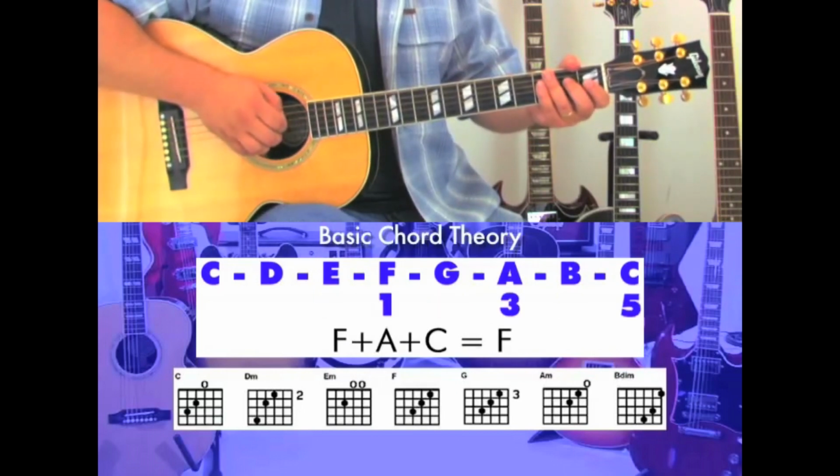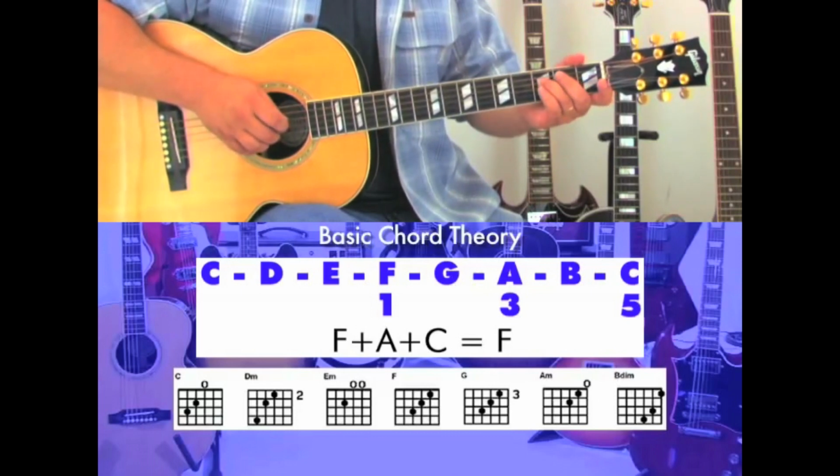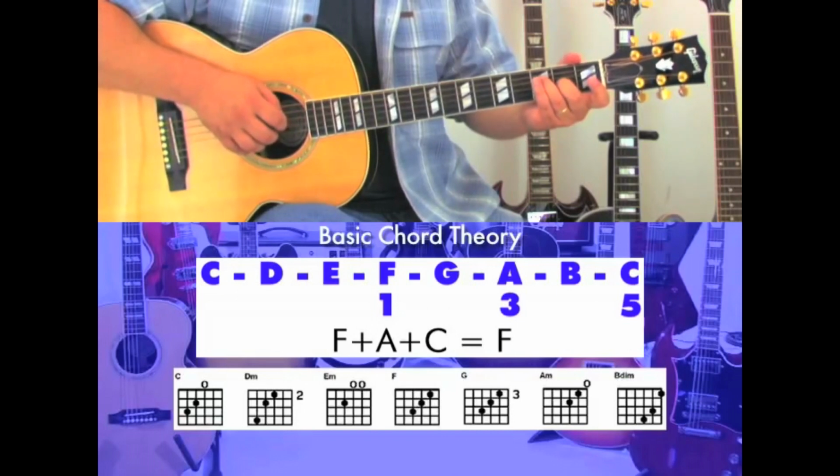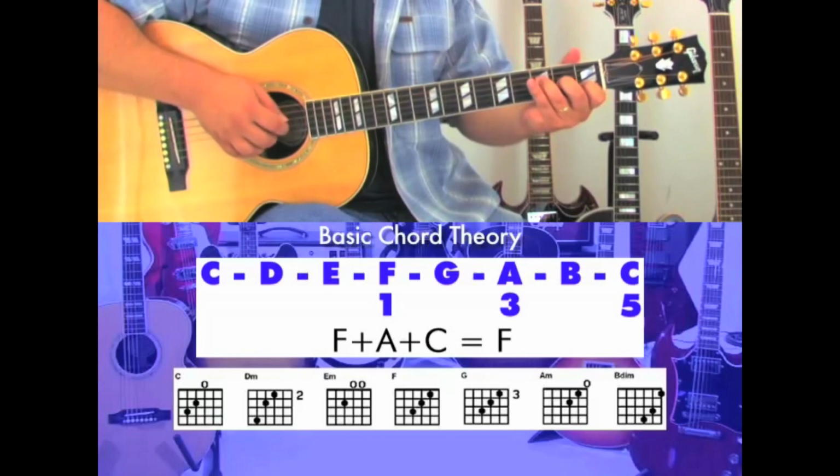The fourth note in the C scale is F. Applied to the 1-3-5 formula, we have the notes F, A, and C. A is a major third or 2 whole steps distance from F, so our fourth chord in the key of C is F major.